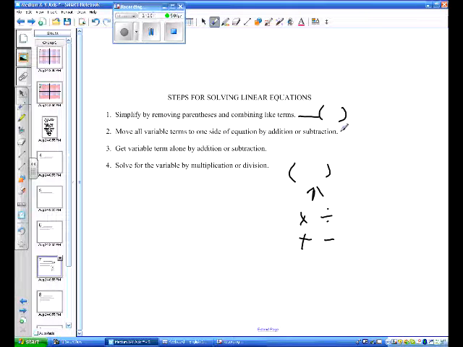Then we started by undoing our addition or subtraction. Then we undid our multiplication or division.